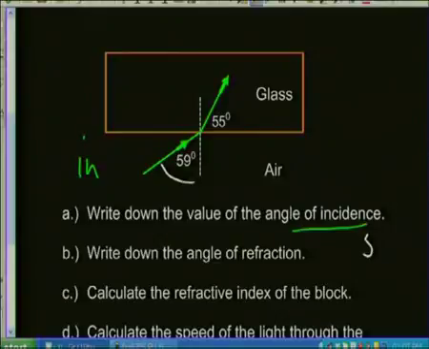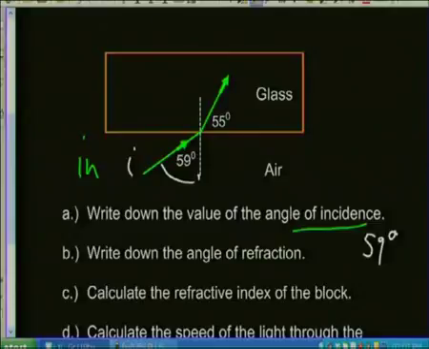The angle of incidence here is 59 degrees. Remember, it's measured from the normal. So as I've indicated it here, it's measured from the normal to the incident ray. This is the incident ray, and we're recognizing it's going in.